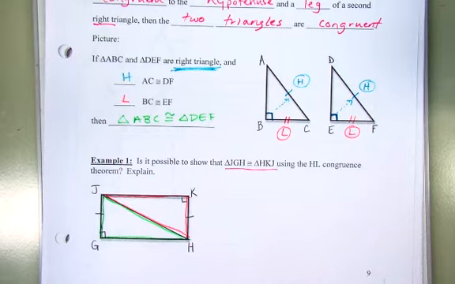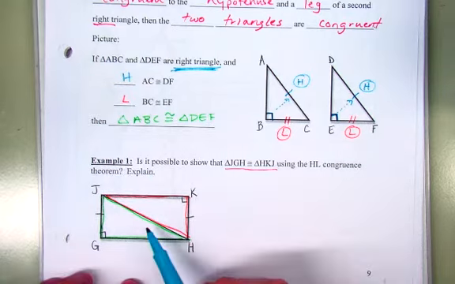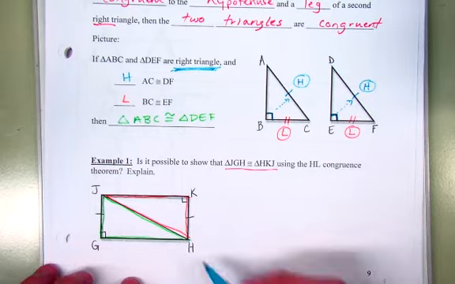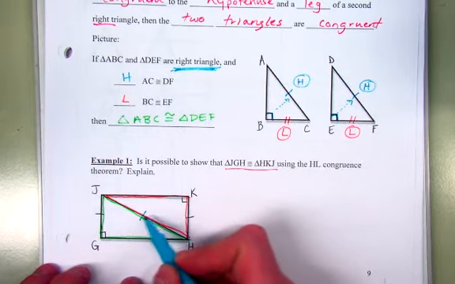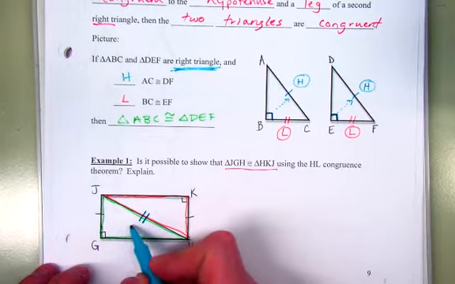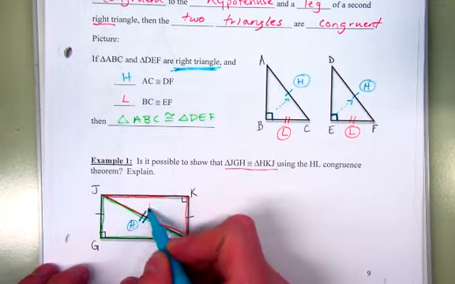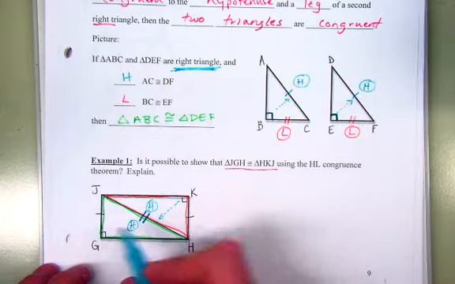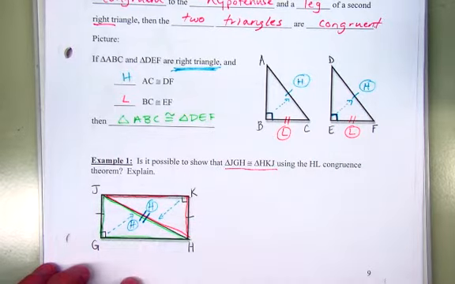Thinking back to Monday, we talked about triangles that share a side. So we know that this side is congruent to itself. And because these sides are across from the right angles of the triangles, we know to call them the hypotenuse.